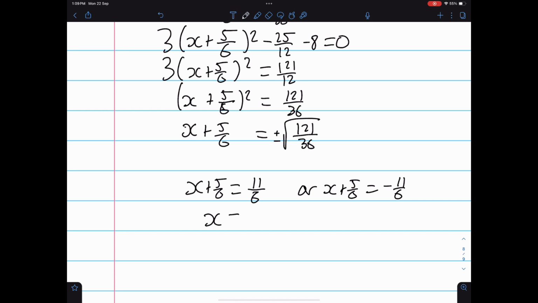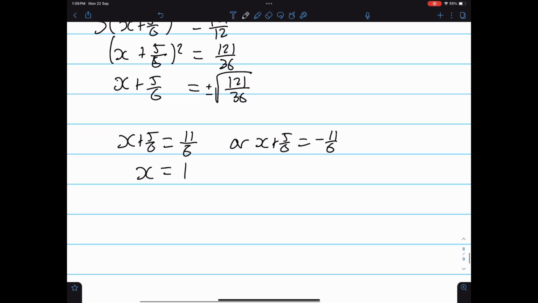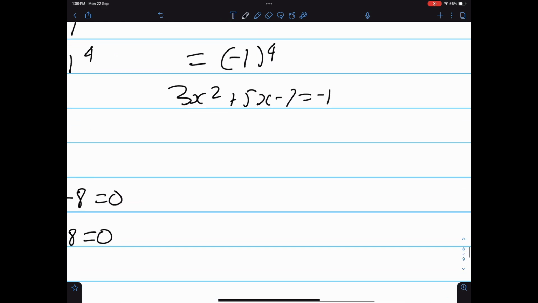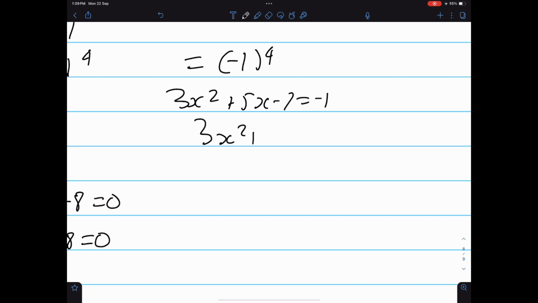This one here will just be 1. This one here will just be -16 over 6, which is -8 over 3, yeah. And on this side, I suspect these will have to give irrational answers.